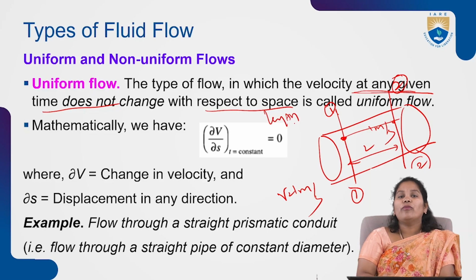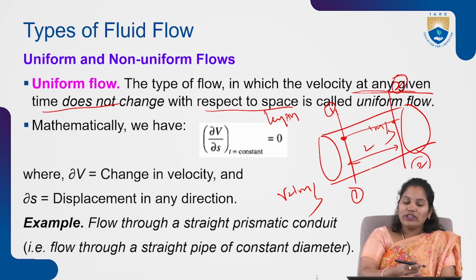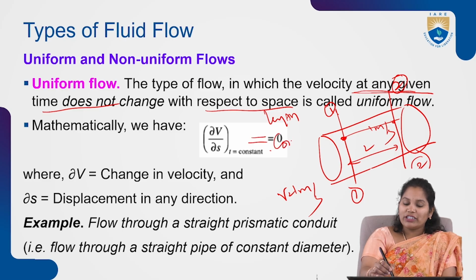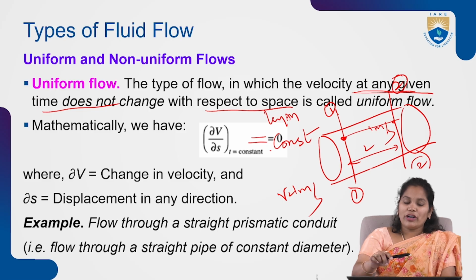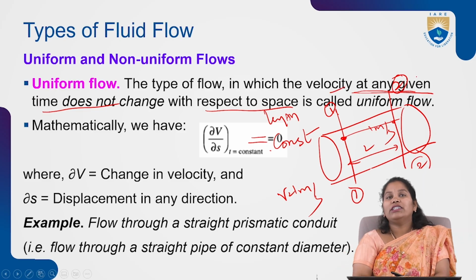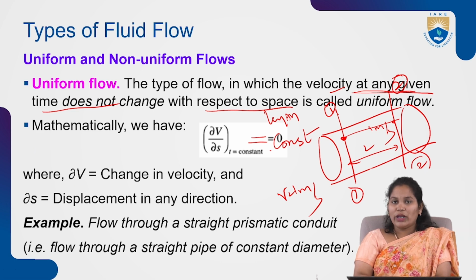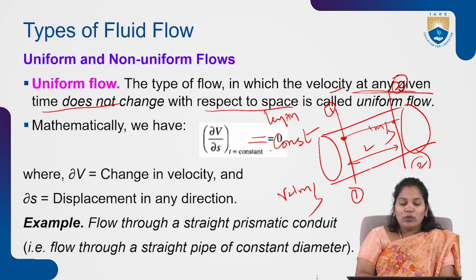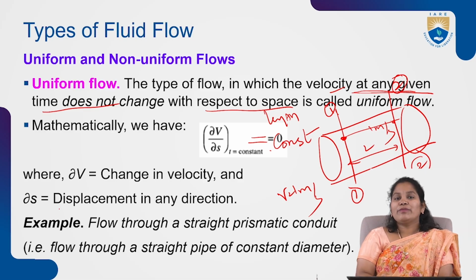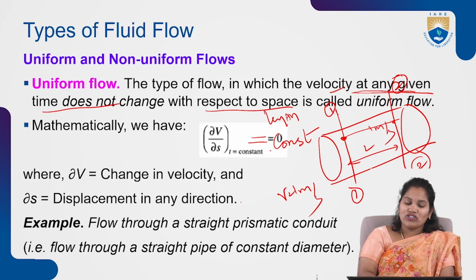That is your uniform flow. That is, dou v by dou s is constant with respect to space. The value of velocity is not changing with respect to space, with respect to length, which is your uniform flow. Where dou v is the change in velocity, and dou s is displacement in any direction.